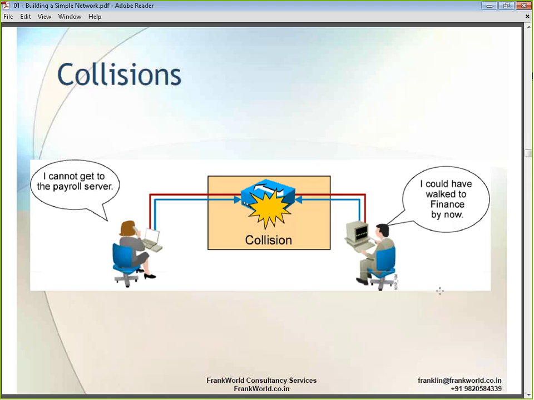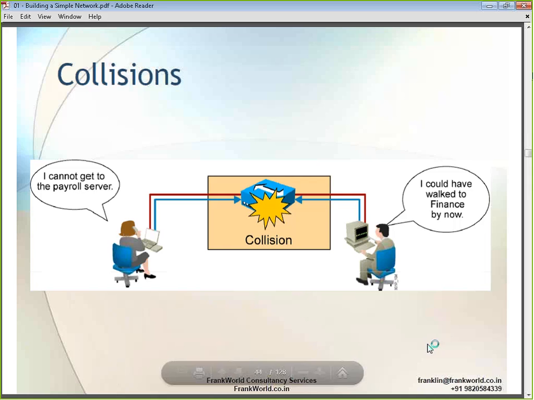If they are trying to send data across to each other, it might happen that both the data would collide with each other. When the data collides, that is where I would have collisions. You understand?